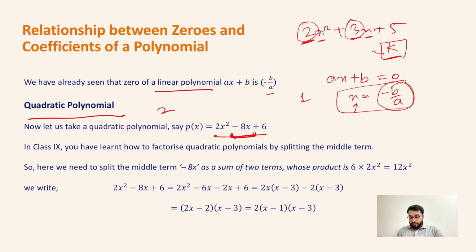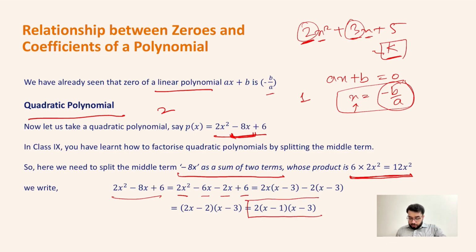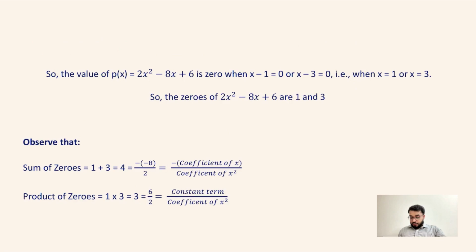So in this, we would be splitting −8x. The sum of the two splitting terms would be −8x, and the product would be 12x². So if we split this into 2x² − 6x − 2x + 6, then this would give us 2 multiplied by (x − 1) multiplied by (x − 3).